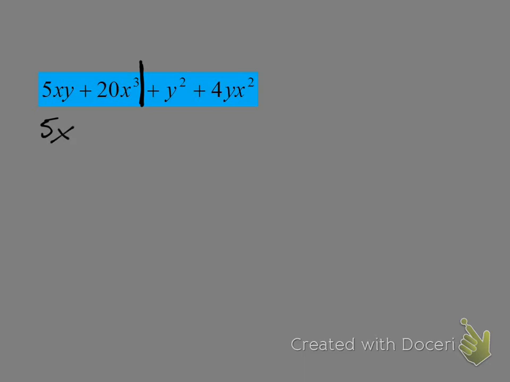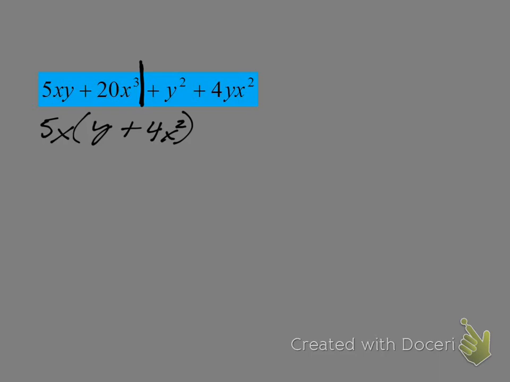Just 5x, because there's no y in the second term, see that? You have x here, x cubed there, so the most you can take away is an x. So you took away a 5x from 5xy, what does that leave you with? 1y. You took a 5x away from 20x cubed, what's that leave you with? 4x squared.